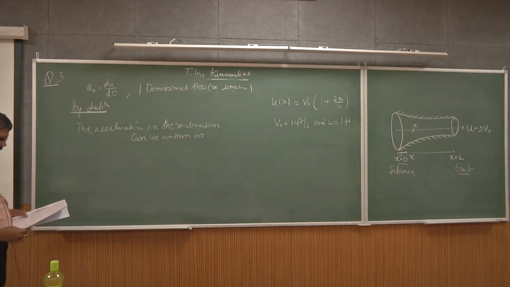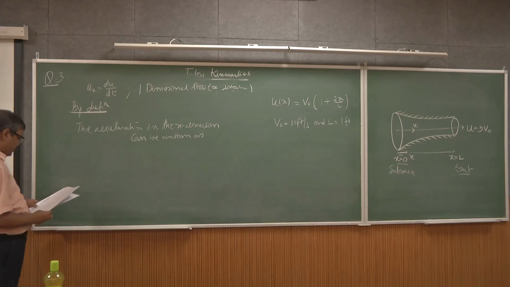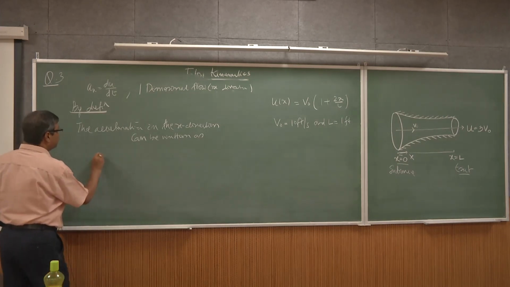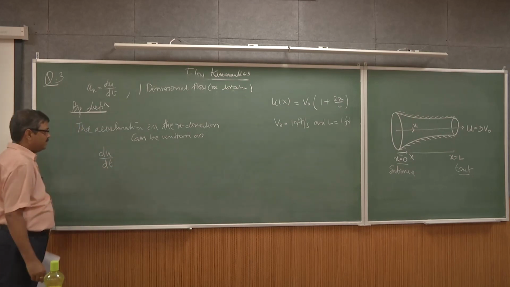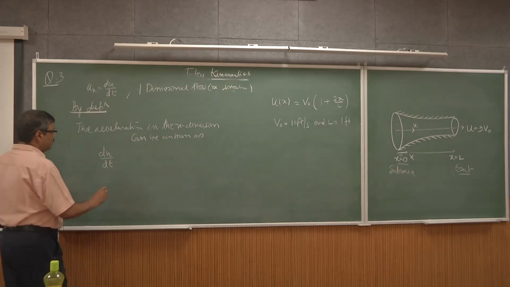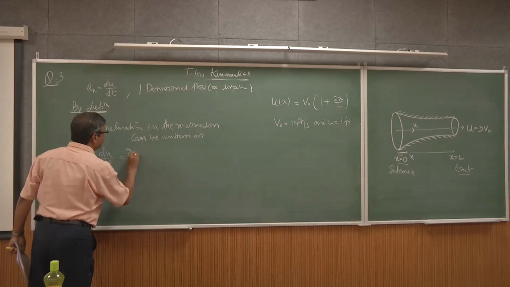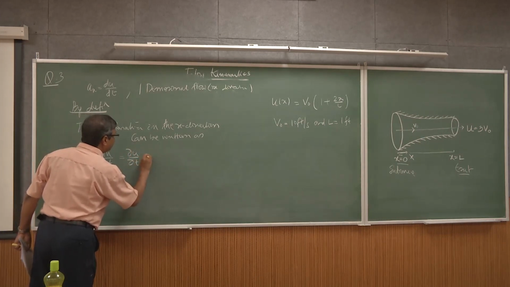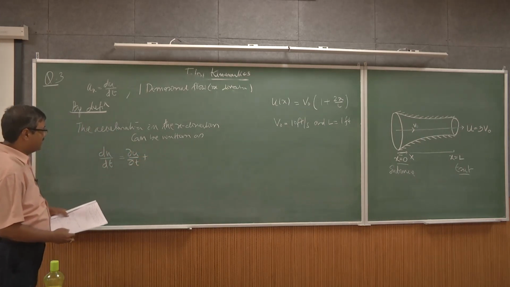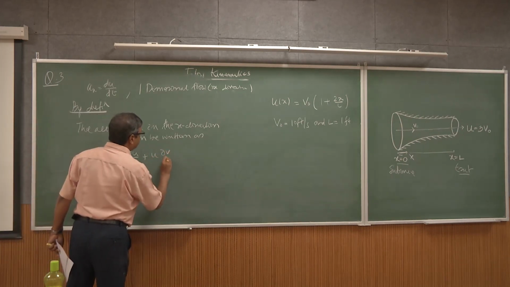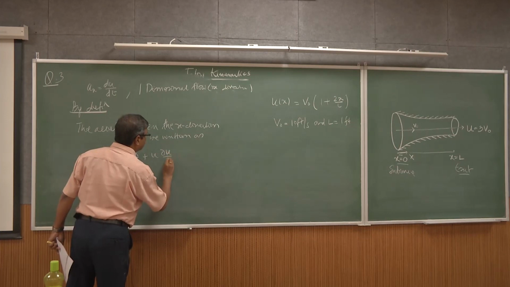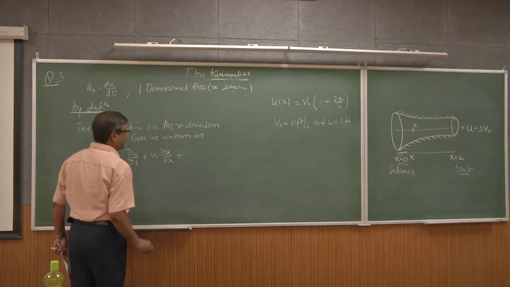Taking the definition, the acceleration is the total derivative du/dt. That is represented as the partial derivative with respect to time, the local acceleration component, plus the convective acceleration component in the x direction.